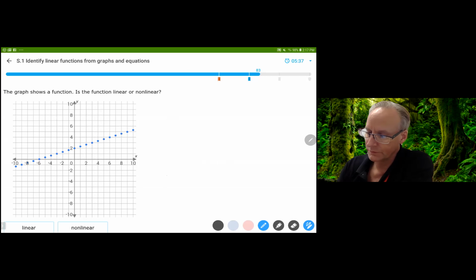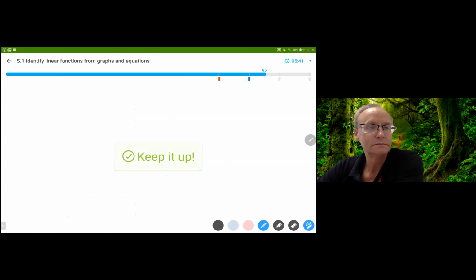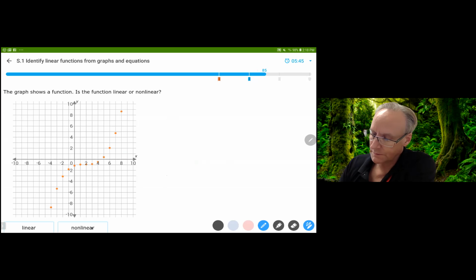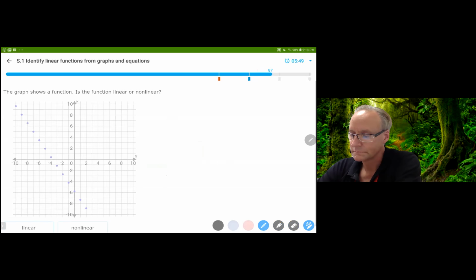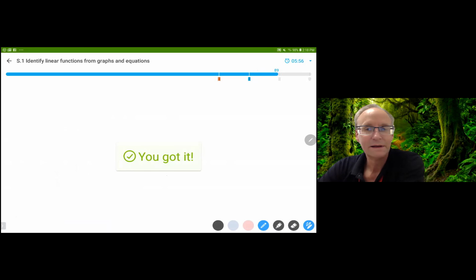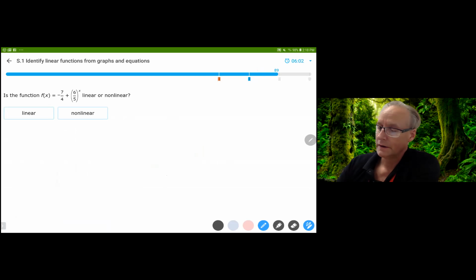This one looks more or less linear. It looks good enough. This one is a cubic again. This one is linear. And what do we got here? Oh, this is definitely nonlinear.